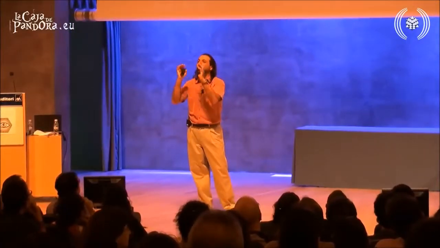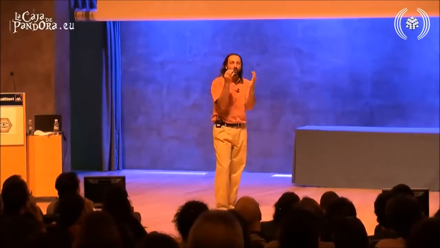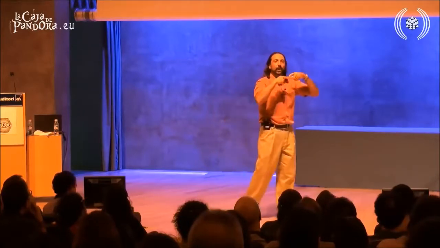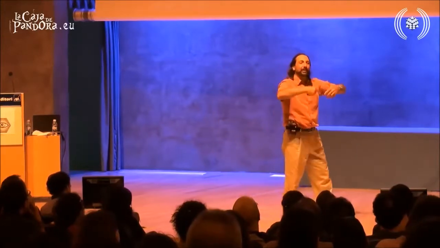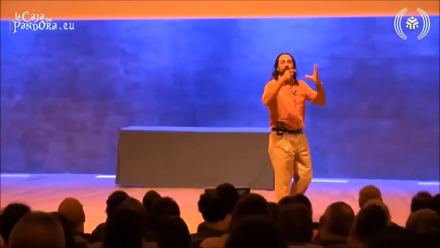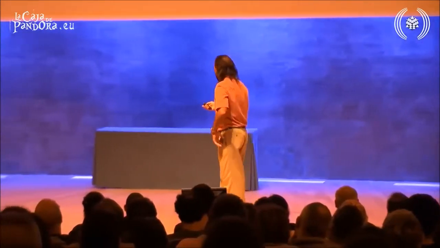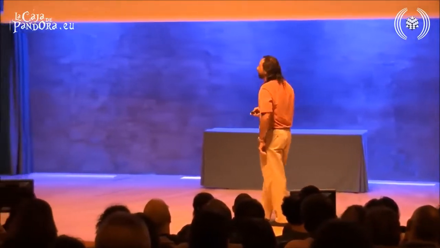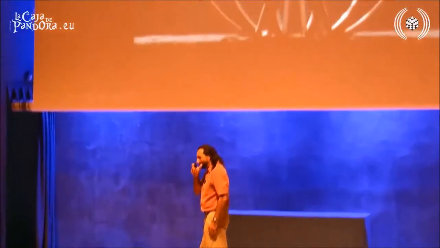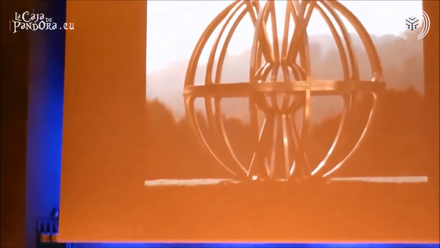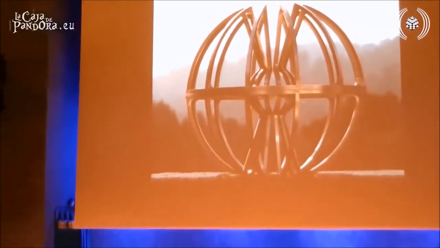I could build a coil, an electromagnetic coil that reproduces that fundamental dynamic of the vacuum, that fundamental dynamic of the double torus. And I built it. So this is actually a physical model.